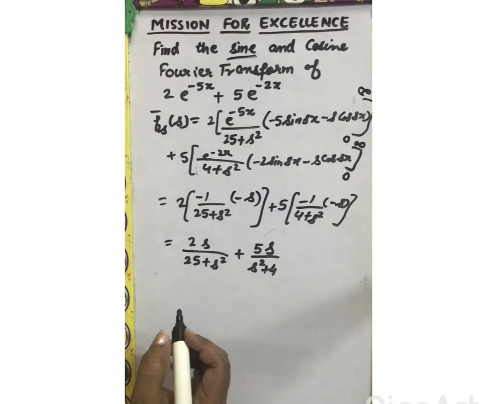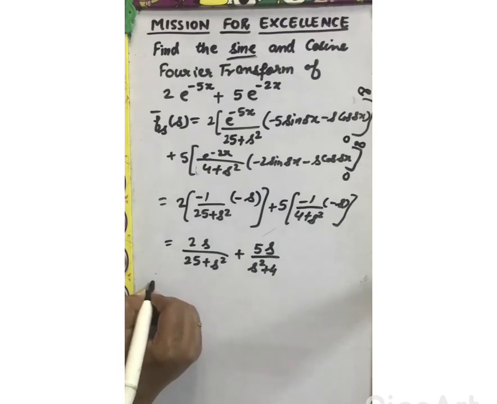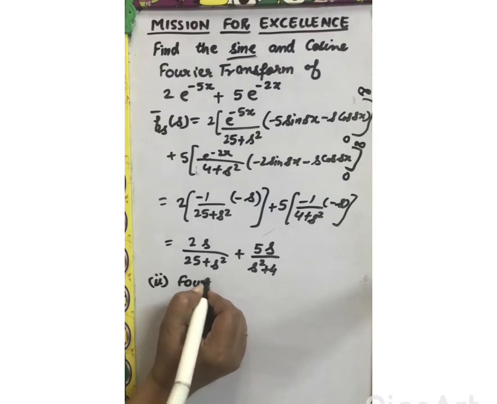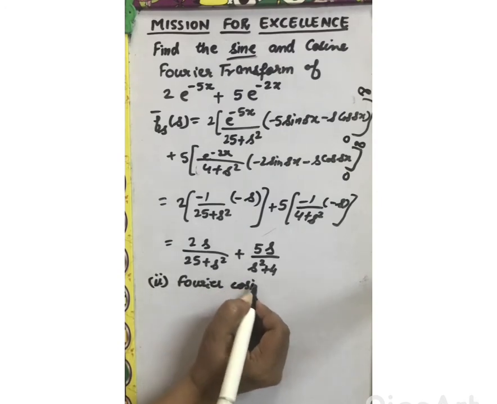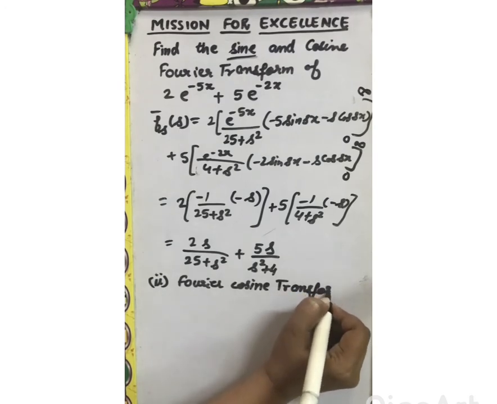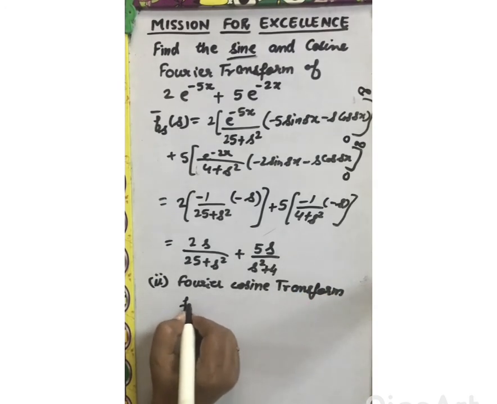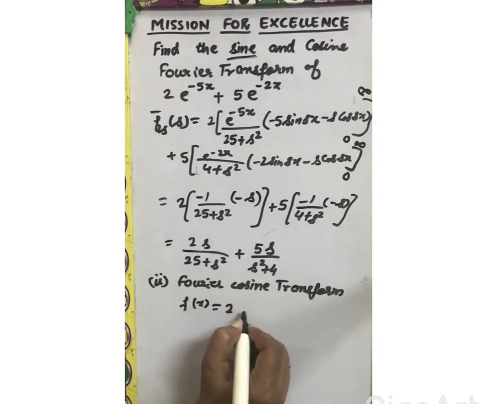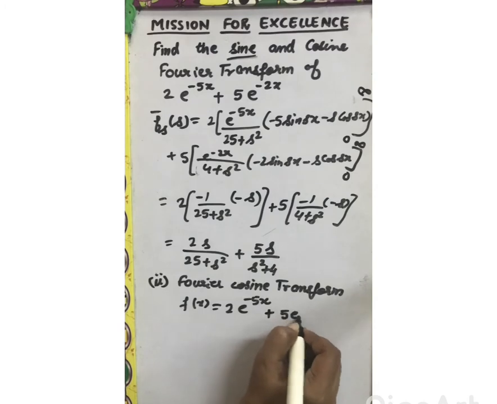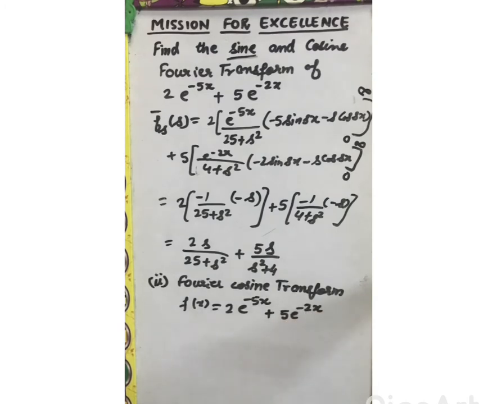Now let us calculate the Fourier cosine transform, the second part. The function f(x) is given as 2 e^(-5x) + 5 e^(-2x). Now from the basic definition again, we use the suffix c here.